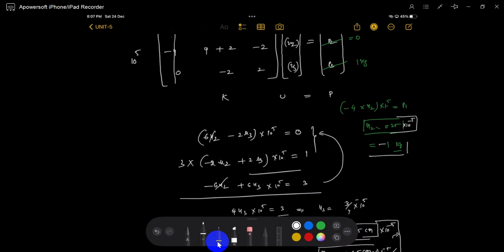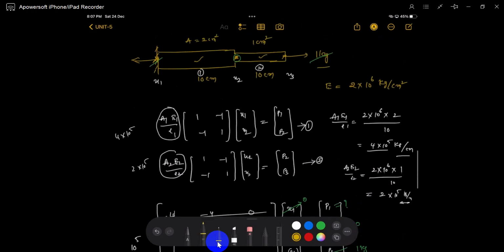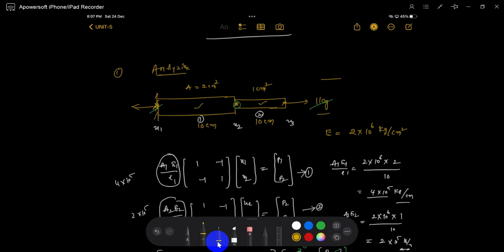What does that mean? Minus means this direction: towards right side is positive, towards left side is negative. Now comes to the p2, we already know it is 1 because there are no other forces in the middle of the members. It should be equal to 1.